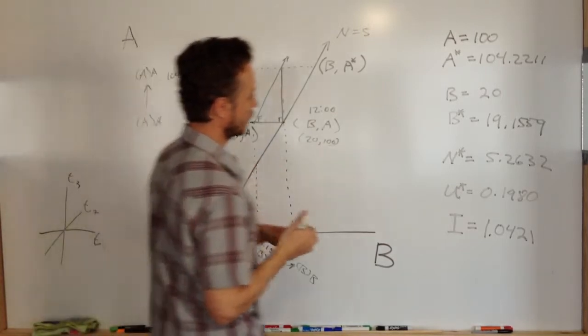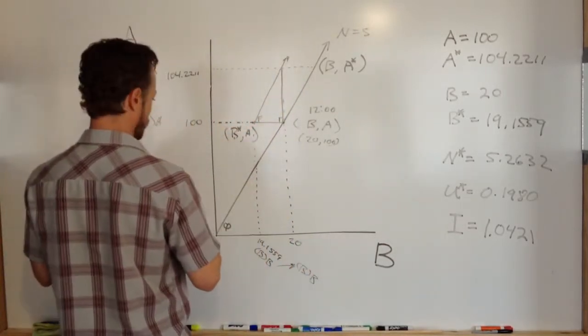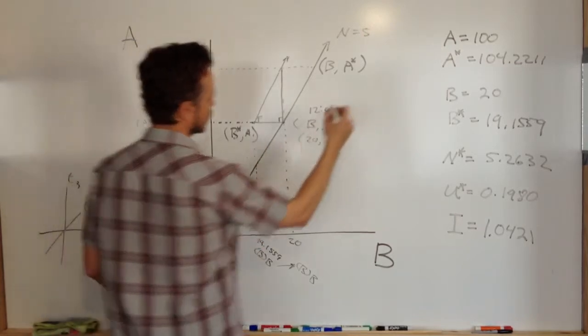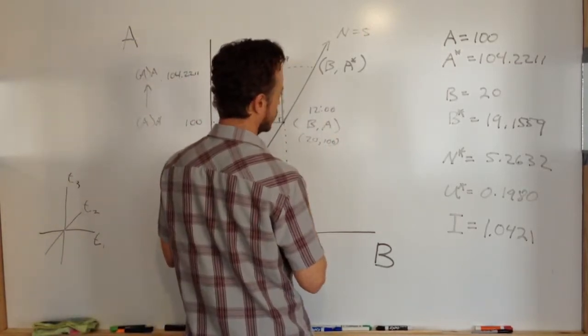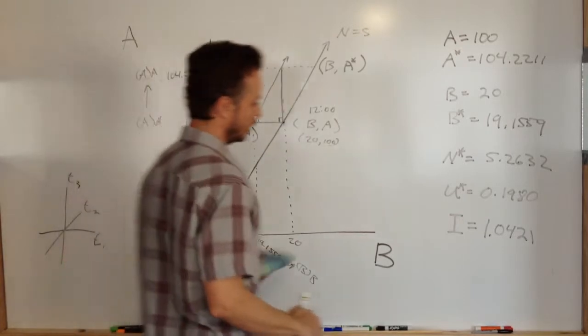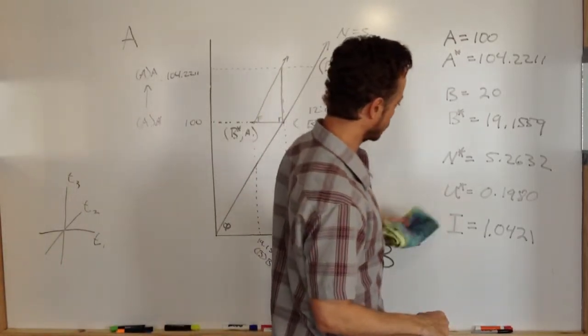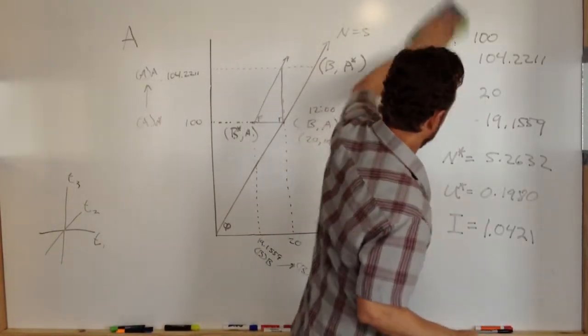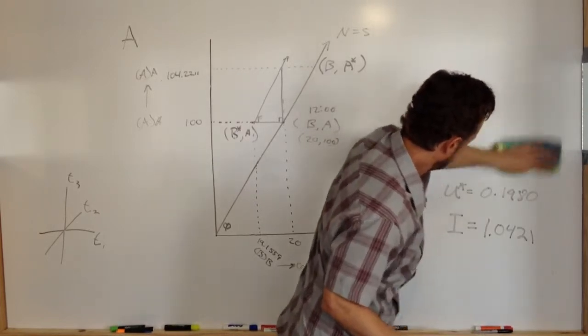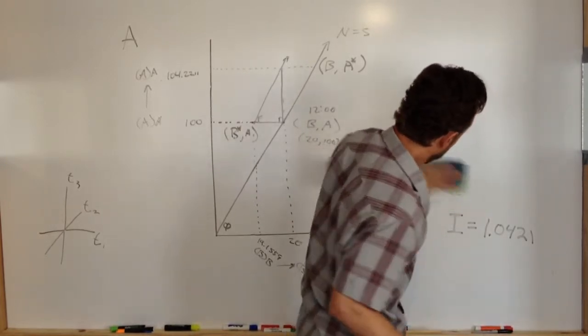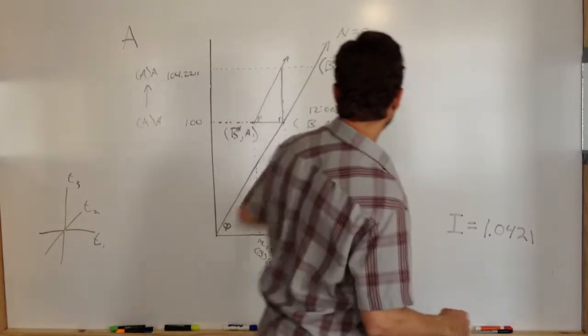So if you do the mathematics of, well, let's see here, what can I do? I guess since I have the values here, go ahead and erase these except for I. I'm going to leave that one. Okay.